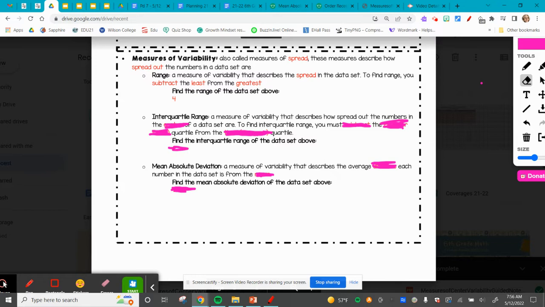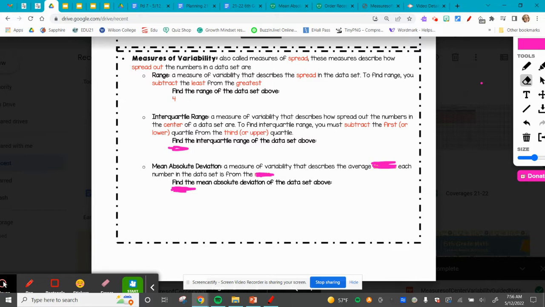So interquartile range, I talked about a little bit the other day, and then we looked at it again yesterday. It's a measure of variability that describes how spread out the numbers in the center of a data set are. So to find the interquartile range, you subtract the first or lower quartile, we say Q1, from the third or upper quartile, Q3.